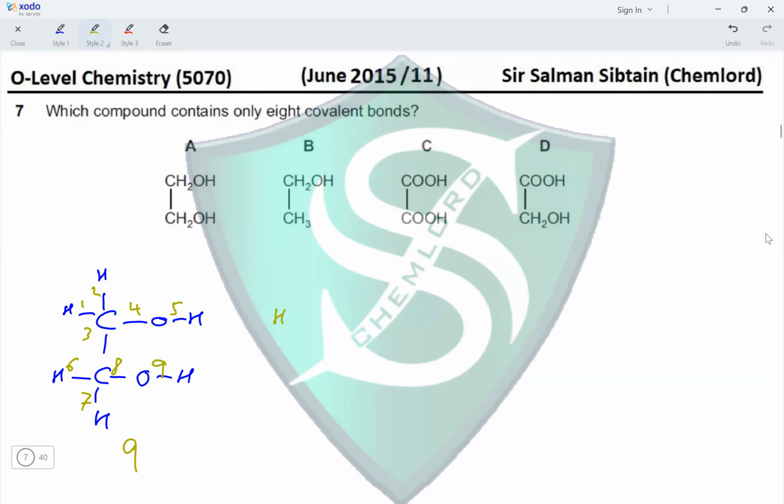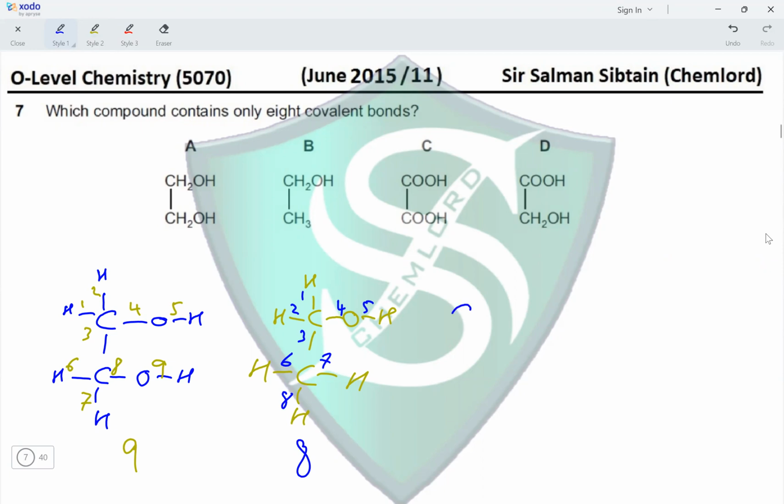Next, we've got another CH2OH attached to a CH3. So counting the number of covalent bonds, 1, 2, 3, 4, 5, 6, 7, 8. There are 8 covalent bonds present in this molecule.